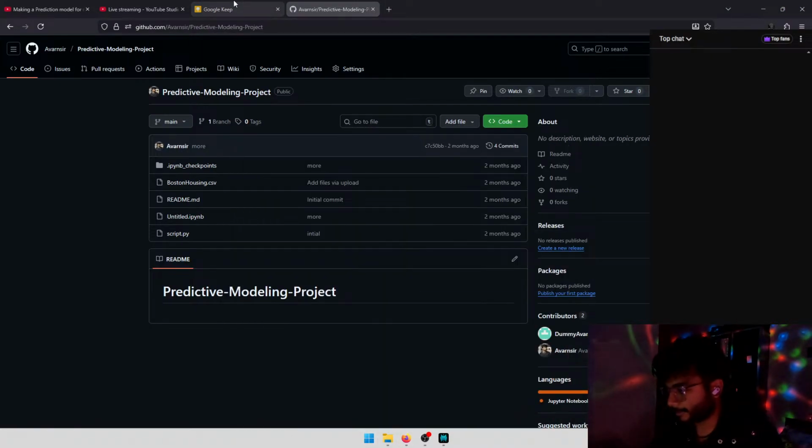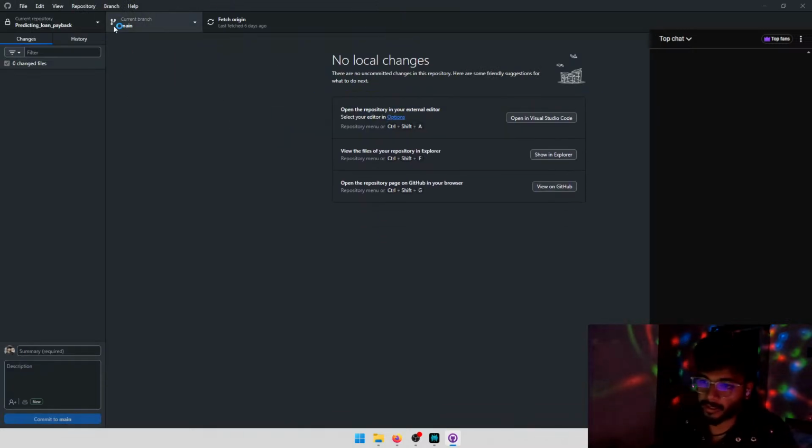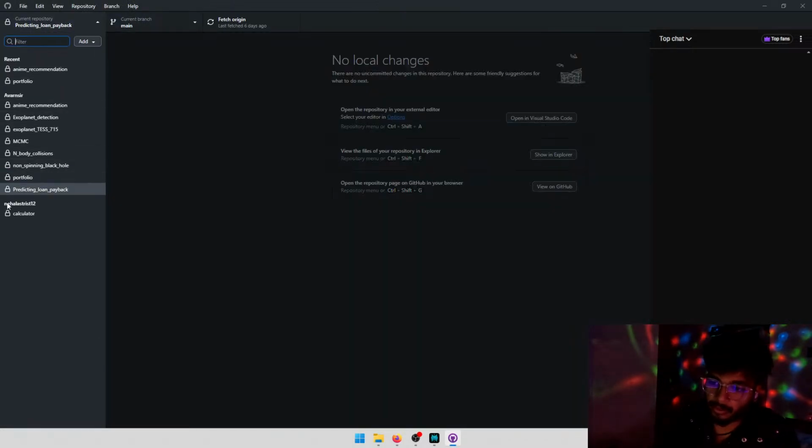Let's start it, and I will try to complete this thing. You can see there's a predicting loan payback project as well. So I currently have two major things to complete.